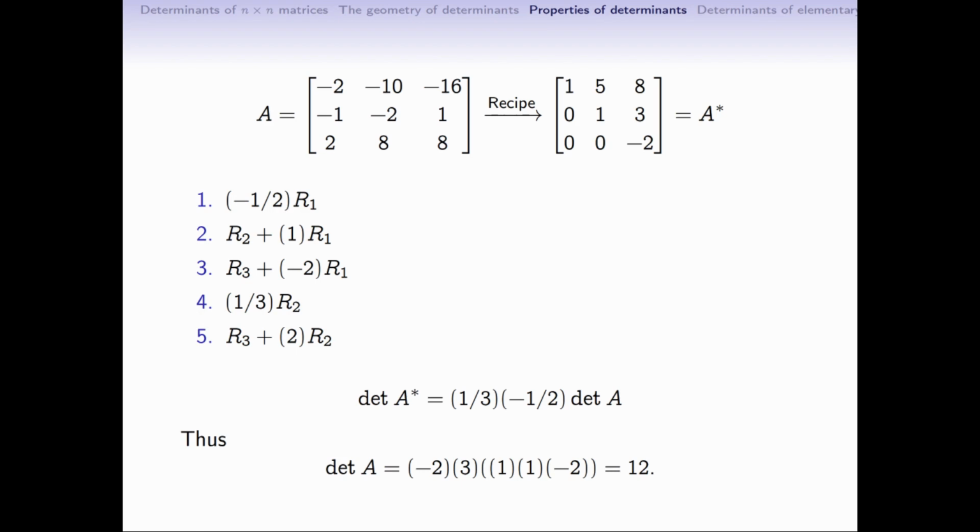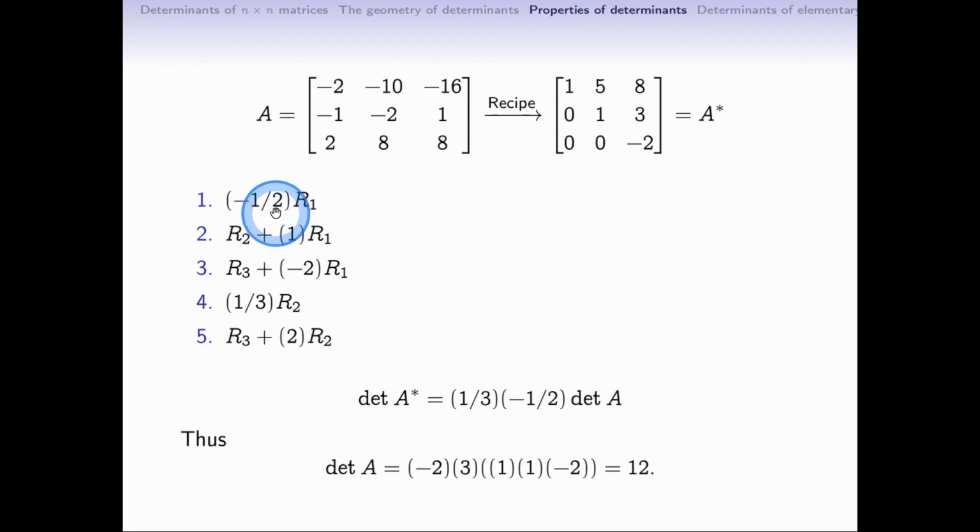Now, what theorem 4.3 tells us is that the determinant of A star is linked to the determinant of A through these row operations. In other words, by keeping track of these row operations and the effects that they produce, we can now calculate the determinant of A star in terms of the determinant of A. Now, in this particular case, only these type 1 operations make any kind of contributions or changes to the determinant.